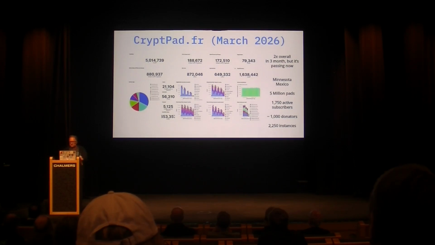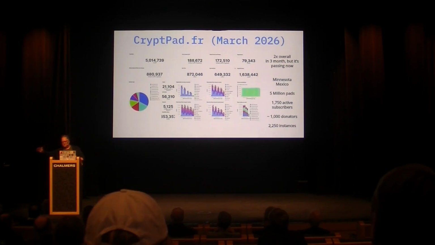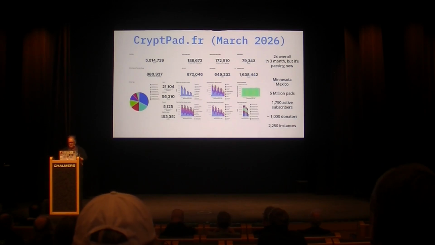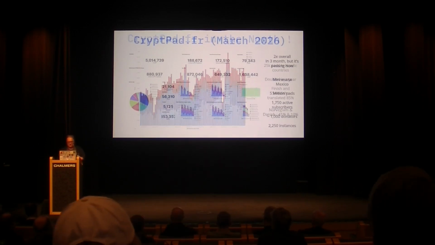So, statistics in 2026, 5 million pads. The Mexican usage is during school time, so it will count down now. They have a countdown during the week of holidays. We will see if people stay in Mexico and become regular users of CryptPad.